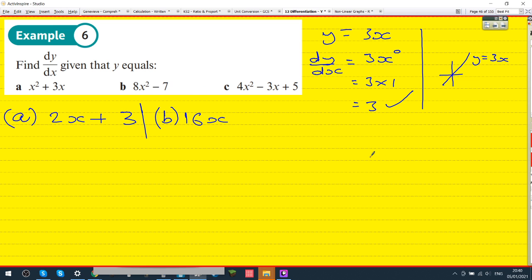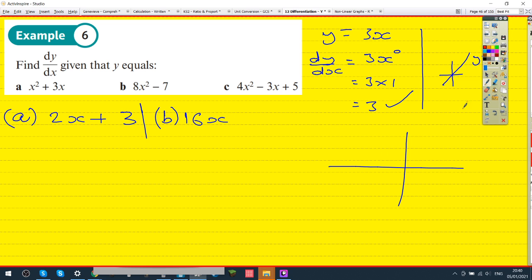The derivative of minus 7. If you have the line y equals minus 7, all the y coordinates are minus 7. What's the gradient of that line?